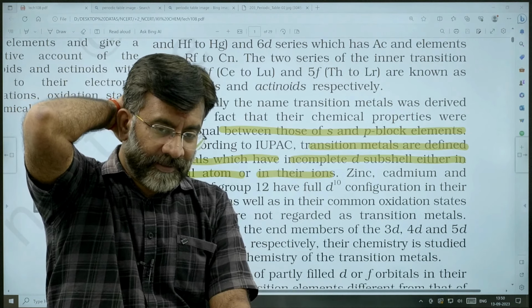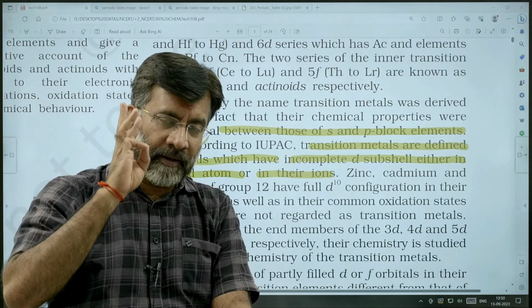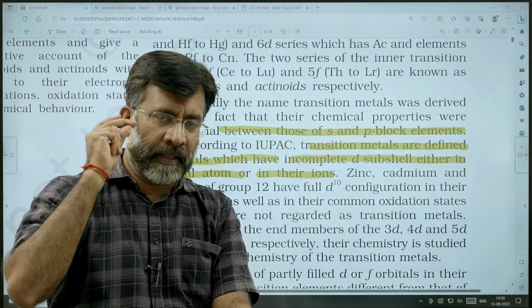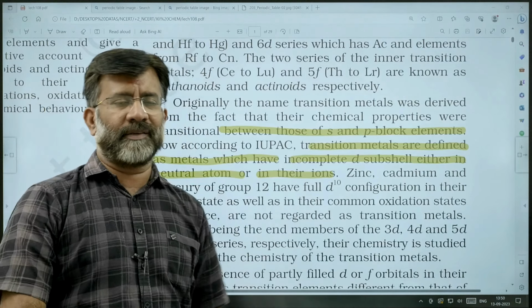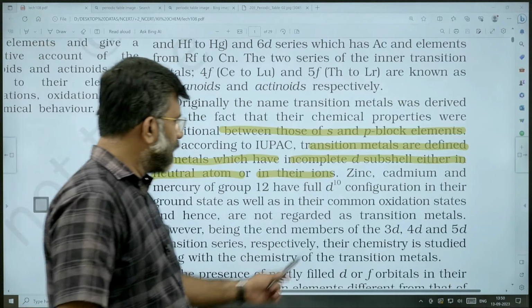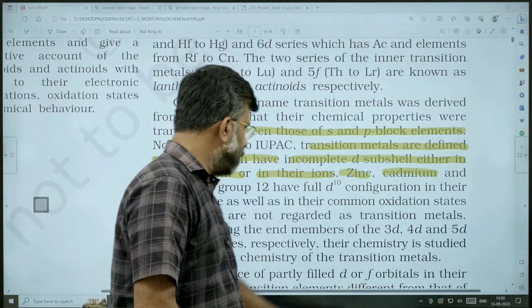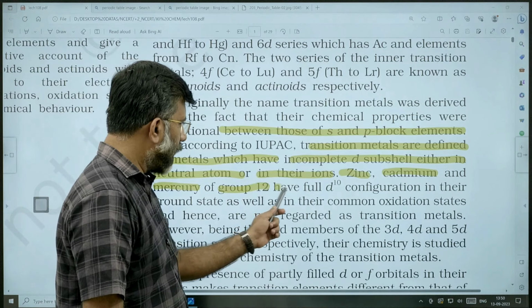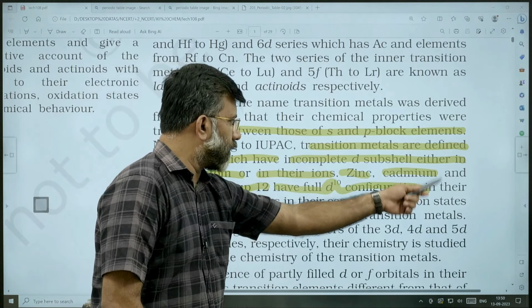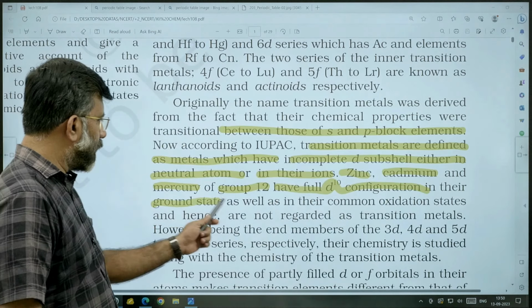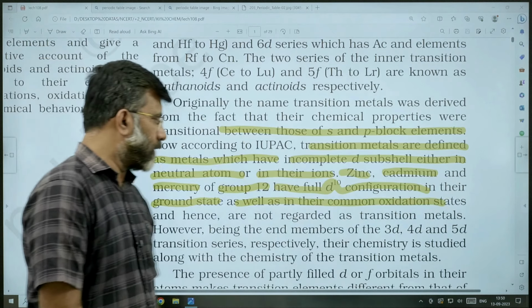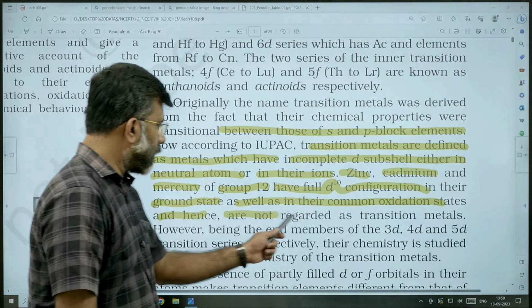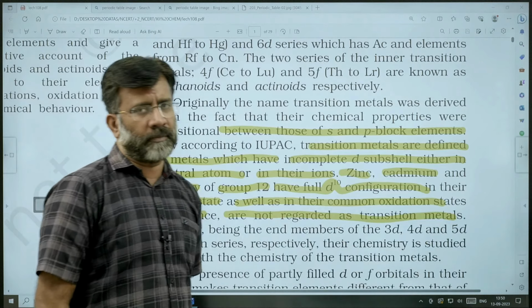In fact, the three elements zinc, cadmium, mercury are out of the definition of transition elements. You see that zinc, cadmium and mercury, that is group 12, have full d10 configuration in their ground state as well as in their common oxidation state, and hence they are not regarded as transition metals.